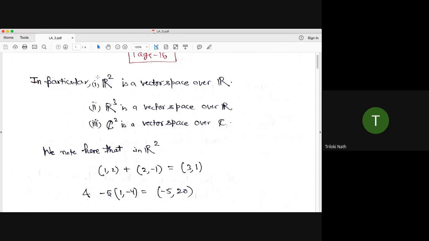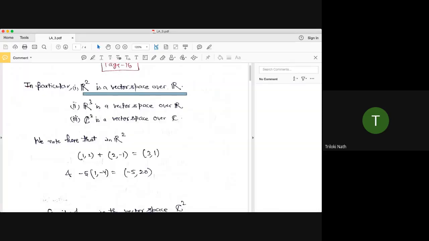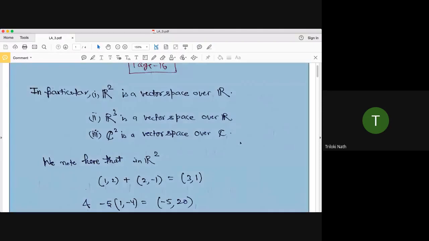This R^2 means the set of vectors in the plane with respect to the usual component-wise addition and component-wise scalar multiplication. So R^2 is a vector space.